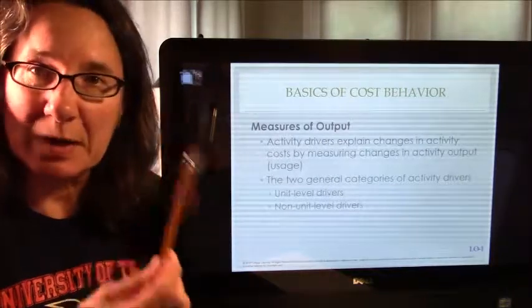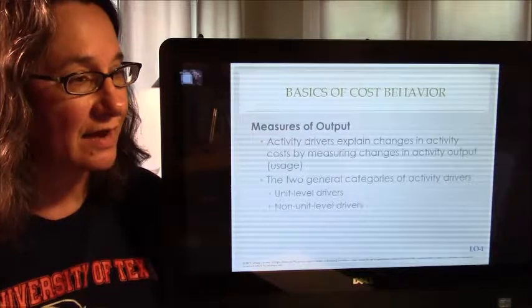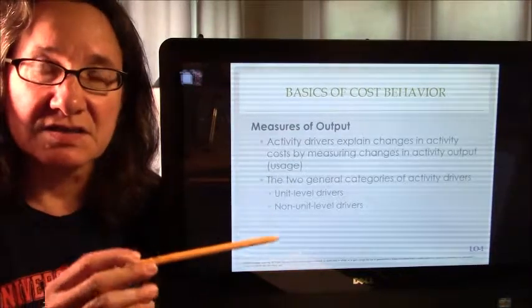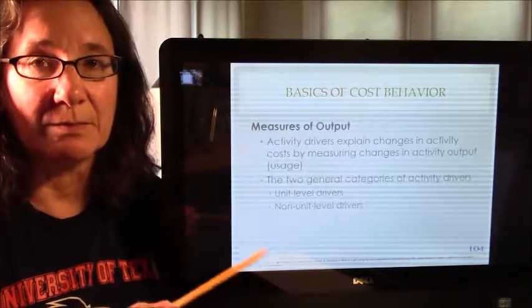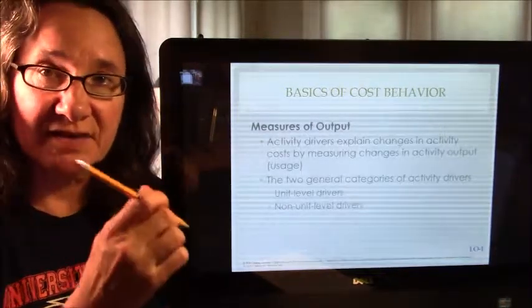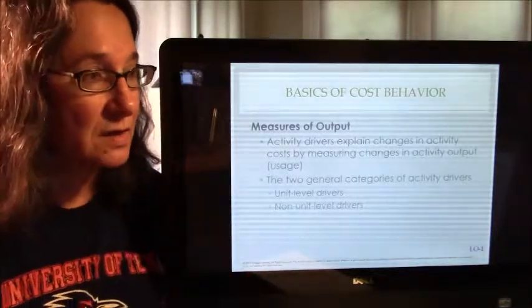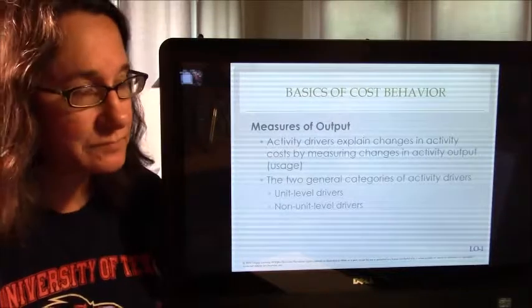So a unit would be like 1 pencil, right? I'm a pencil factory and I make pencils. So if I make 1 pencil, what's the total cost of making 1 pencil? If I make 1,000,000 pencils, what's the total cost of making 1,000,000 pencils? So that's a unit, is a pencil, and how do costs behave with respect to per pencil.